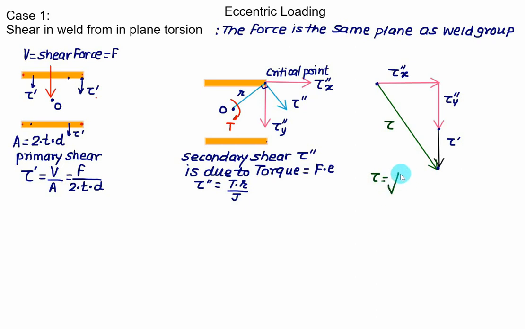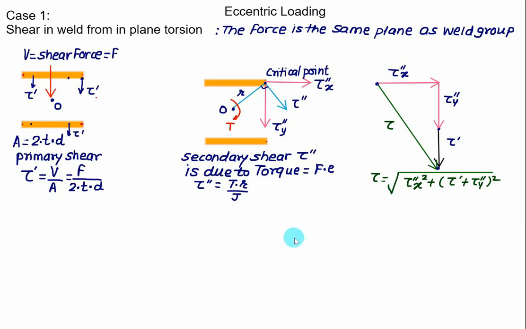So we have the square root of tau double prime x squared plus, since these two vectors can be added, tau prime plus tau double prime y, and then you make a square. In this fashion we can calculate the absolute value of tau. You have to take the positive value here.